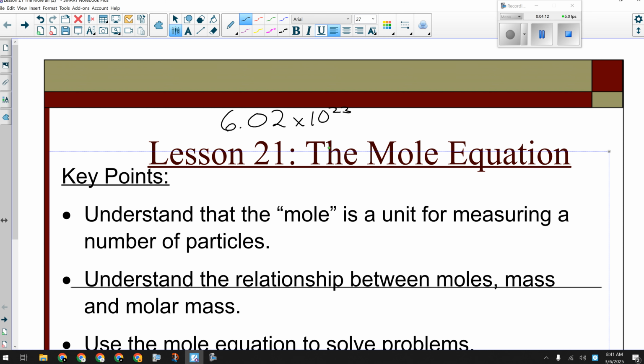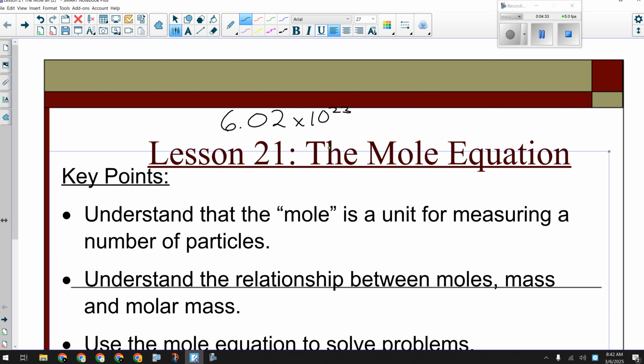If I have 1 mole of sodium, it will have a mass of 22.99 grams. If I have 1 mole of beryllium, it will have a mass of 9.01 grams. We're talking about the same number of particles, but because the atoms are different, bigger, they have different atomic masses.